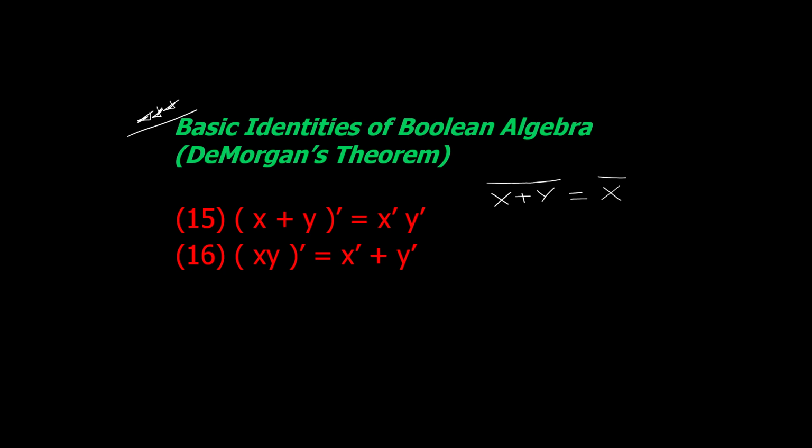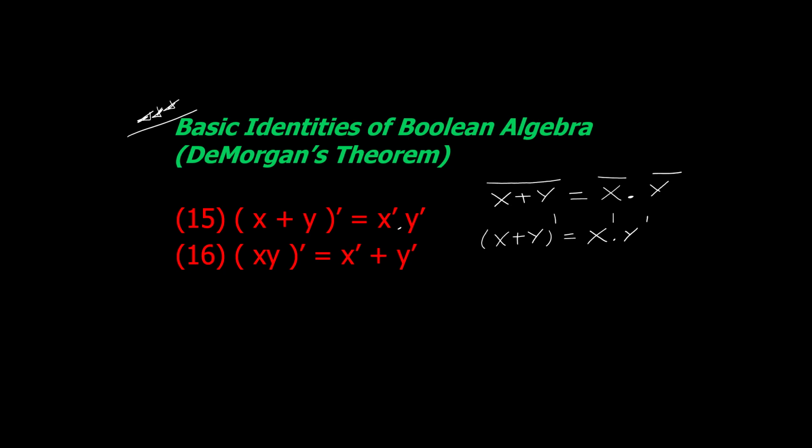The bar will be on x, and the sign will change. The plus will be converted to multiplication. Then you get y bar. So x plus y whole bar, the complete bar, is x bar dot y bar.